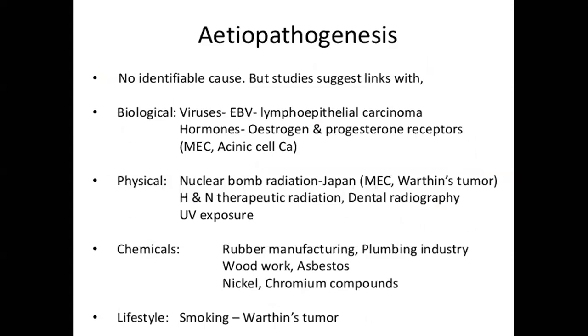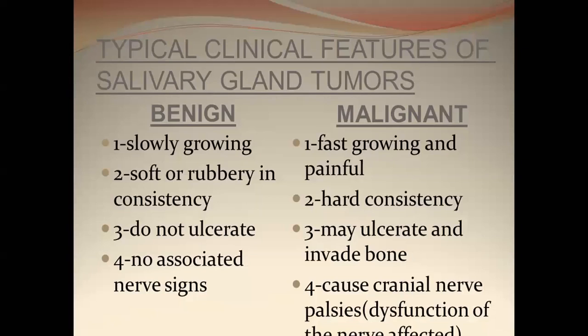Chemicals include rubber manufacturing, plumbing industry, woodwork, asbestos, nickel, and chromium compounds. These are the chemical agents which cause the tumor. Lifestyle factors such as smoking, and sometimes Warthin's tumor, can also be associated with carcinoma of the salivary gland.